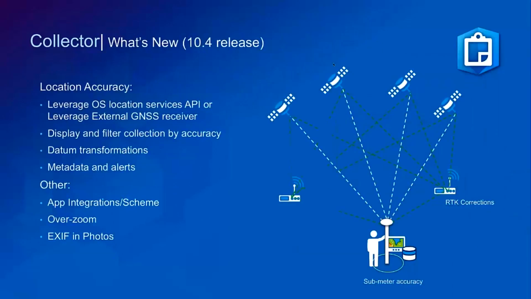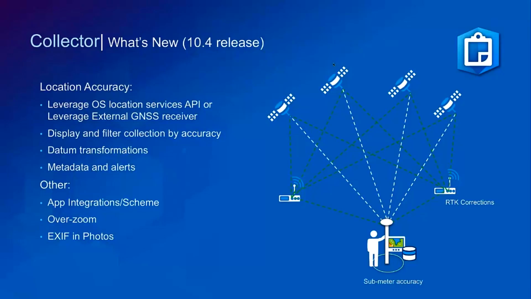So back to the locational accuracy, as this was our focus for the last release of Collector. It's been a fairly significant new development in the product. You can use the location services API that's inherent to your smartphone device and get locations, but you don't get the true nature of the GPS position from that.